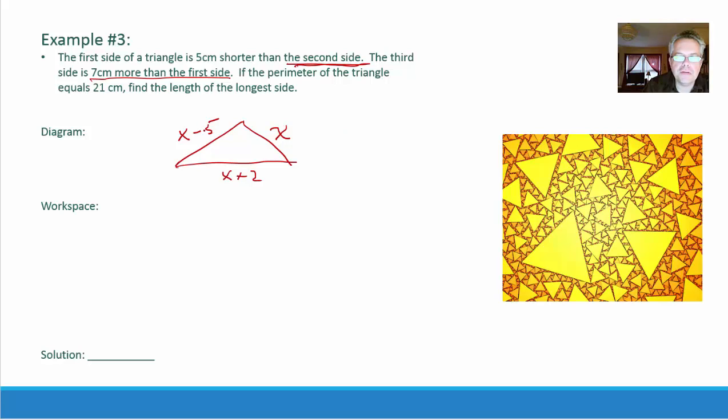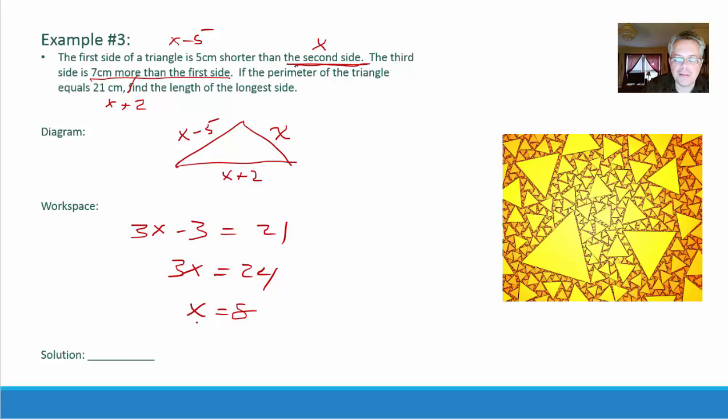Now, that's totally confusing, but if you label the second side X, the first side is X minus 5, and the third side is X plus 2. Okay, now solving the problem is easy. Find the perimeter. It's 3X minus 3, set it equal to 21. If you add 3 on both sides, you get 3X equals 24. If you divide by 3, you get X equals 8.